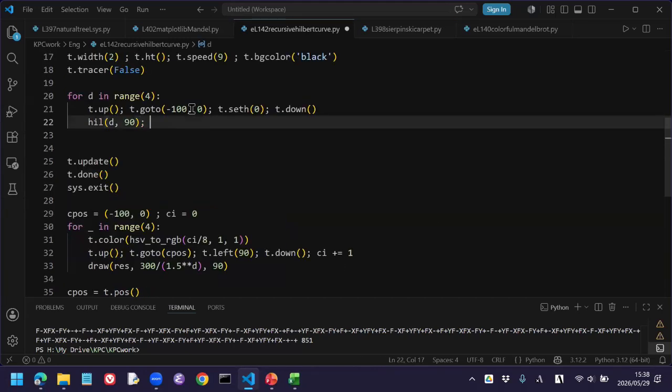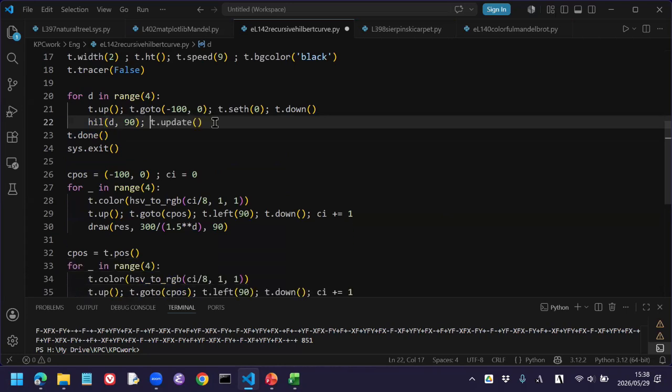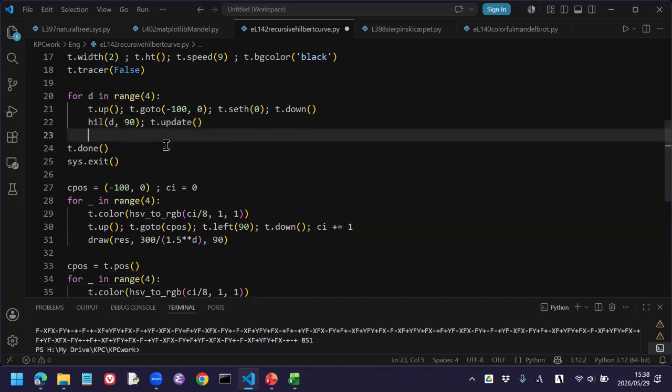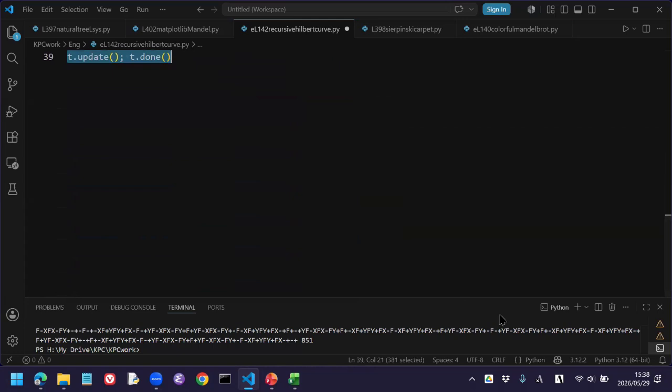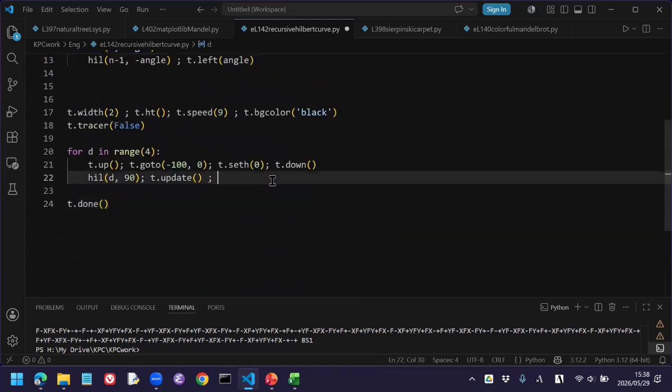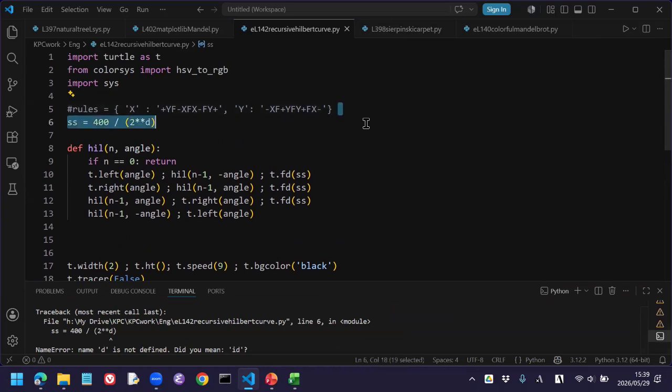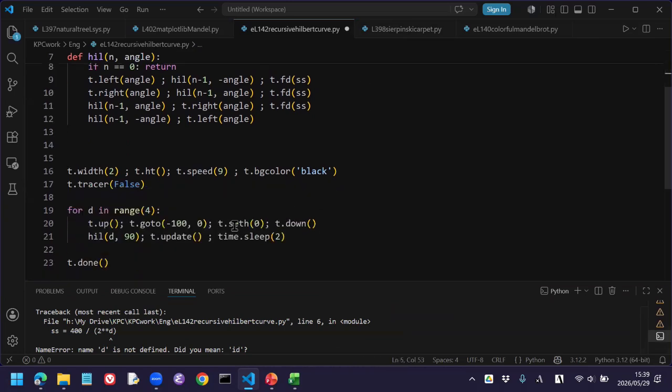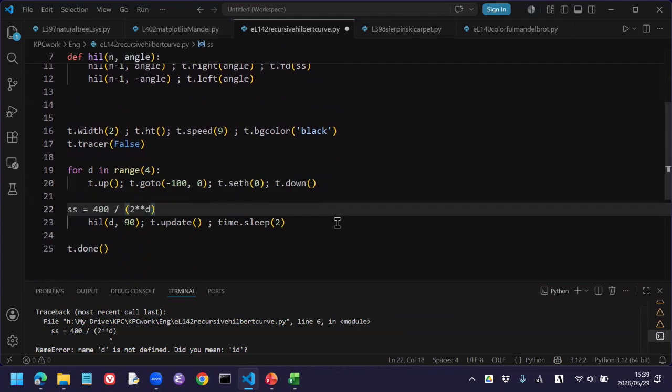And let's have t update. We don't need everything. And as usual, we have time dot sleep 1 or 2 seconds. We should have this distance definition just before the hill call, of course.